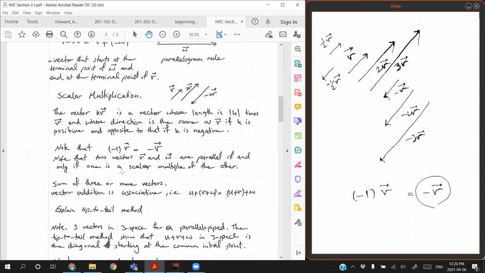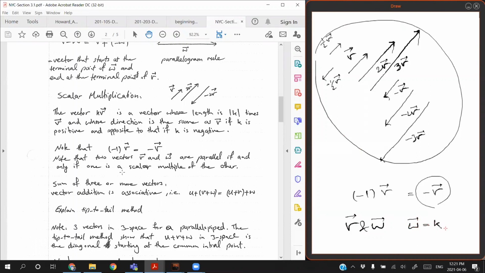So another thing that you should notice from here is that vectors that are parallel are scalar multiples of each other. So actually two vectors v and w are parallel if and only if they are scalar multiples of each other. That is, if w is some k times v. That's the only way that these two are parallel.